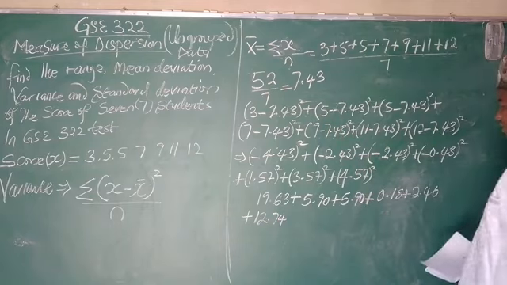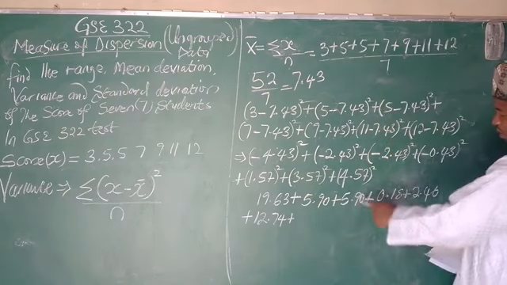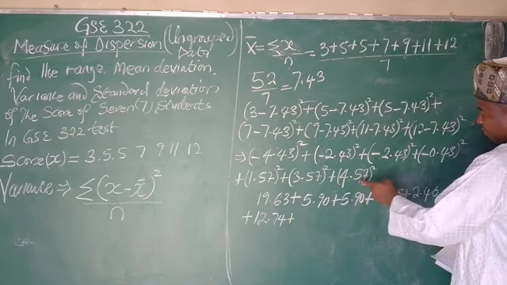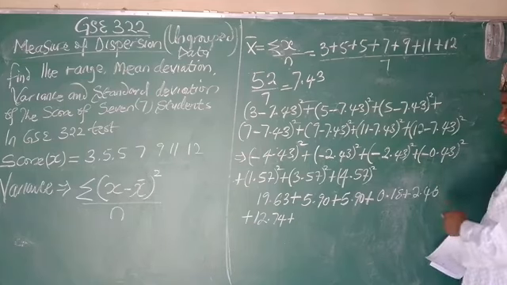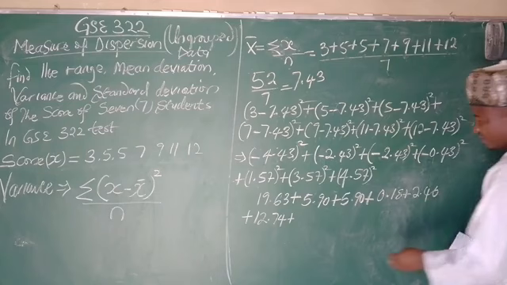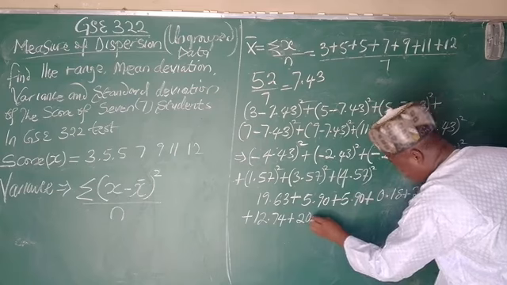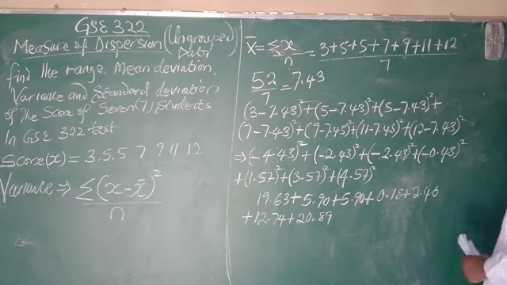Then the last one is plus 4.57 square. That's 4.57 times 4.57, which is going to give us 20.89.